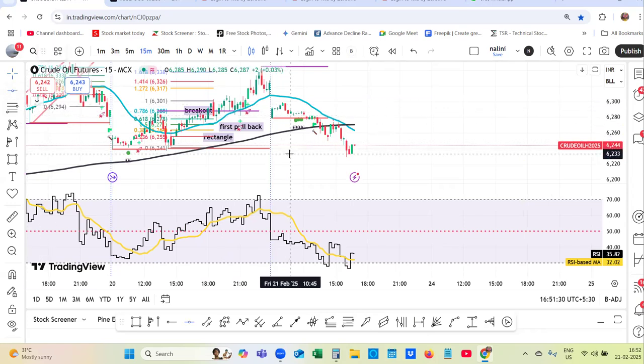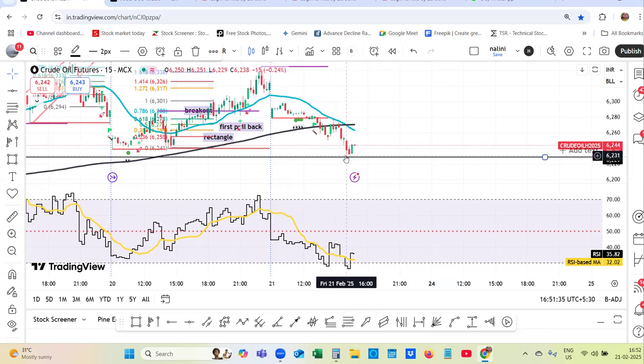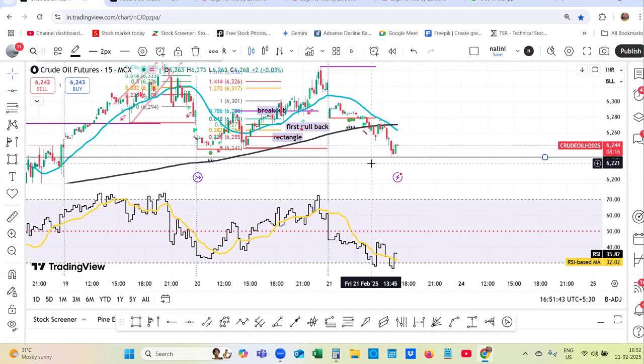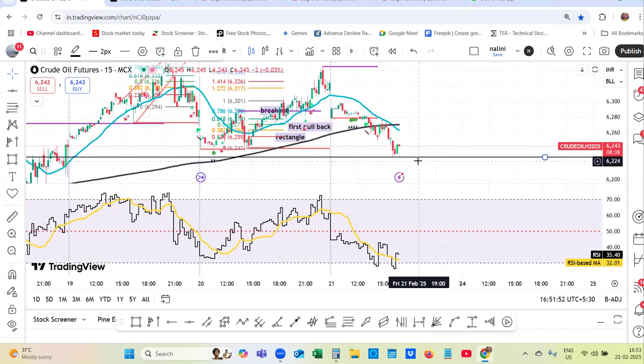That is the target for the crude oil. Now it has reached around 6229, and the moving average, it is still going down. It has broken below this level. Anytime it can take support at 6201, you need to watch.